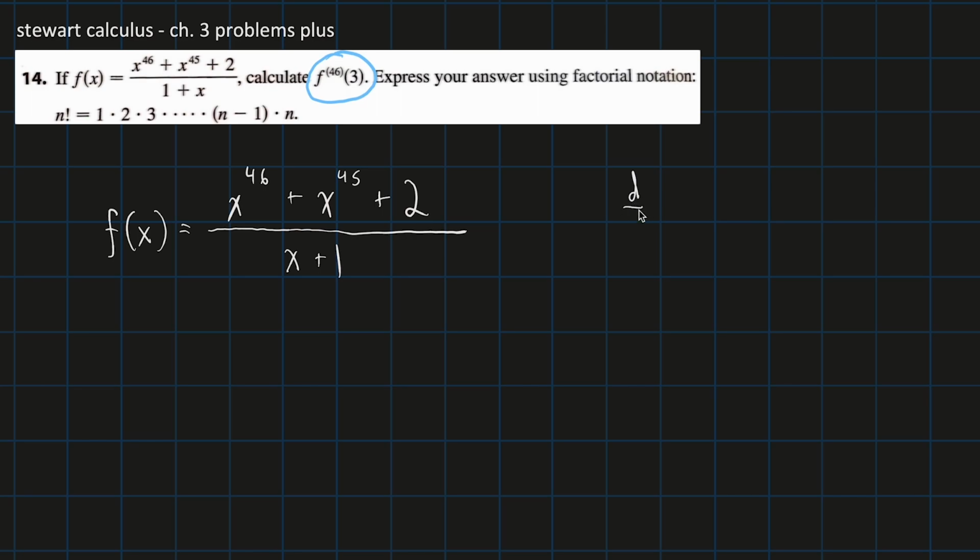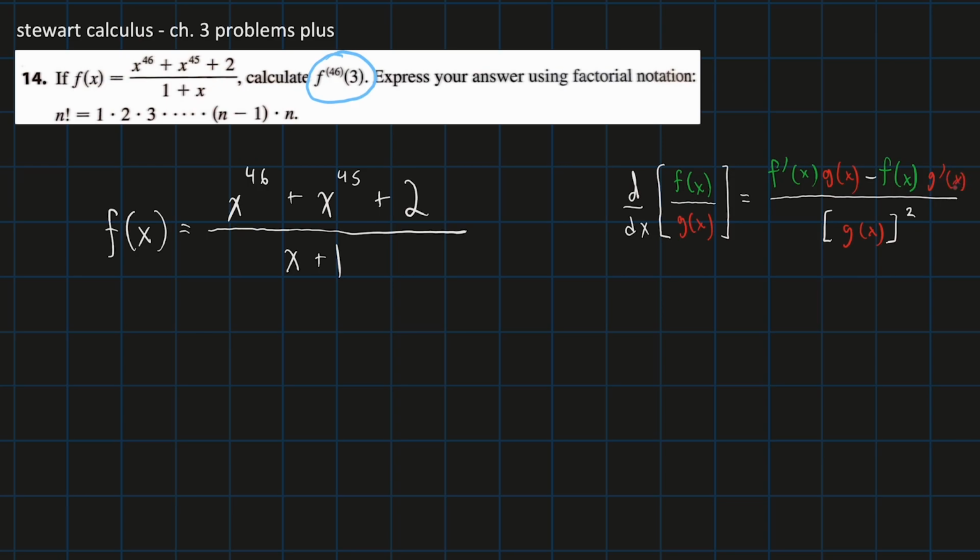And a reminder of what the quotient rule is: when we have d over dx of some fraction where we have an expression with x in the numerator and an expression with x in the denominator, the derivative of this expression with respect to x becomes another fraction where we have g of x squared in the denominator, so g of x squared, and f prime of x times g of x minus f of x times g prime of x, all in the numerator.